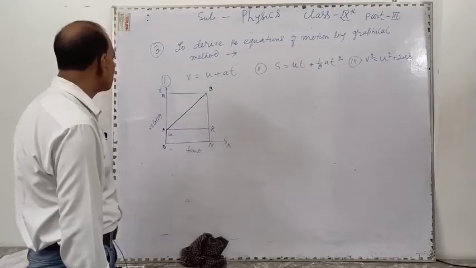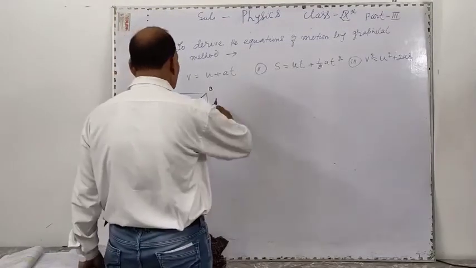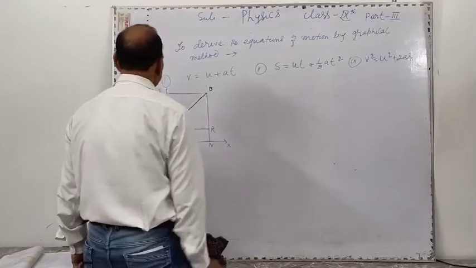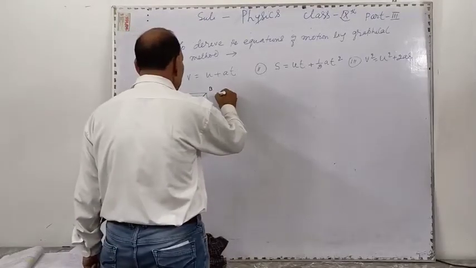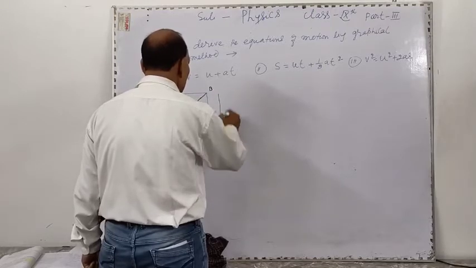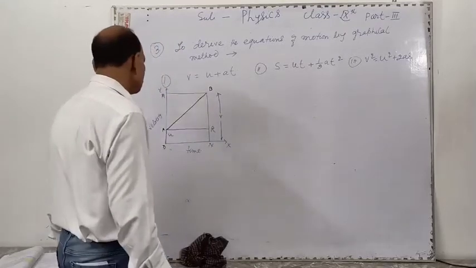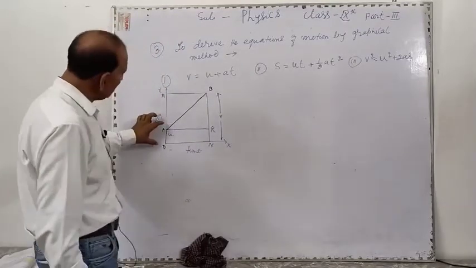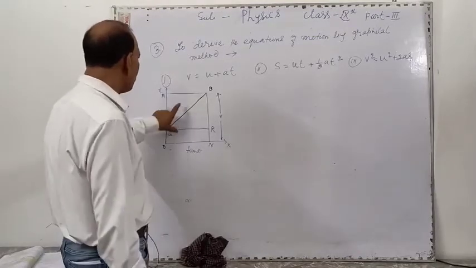Therefore, after a time t, the moving object acquires a velocity v, which is represented by BN, and the initial velocity is represented by OA.